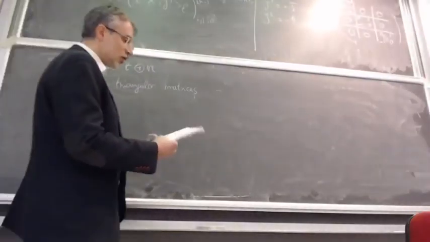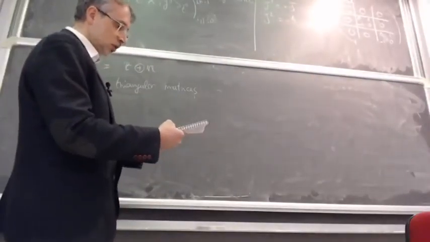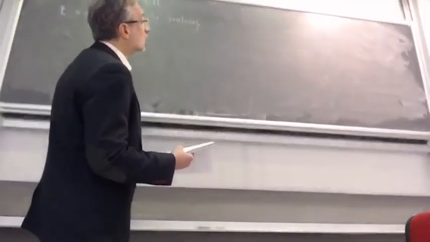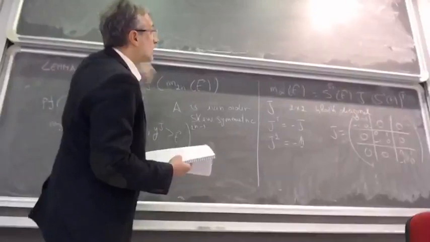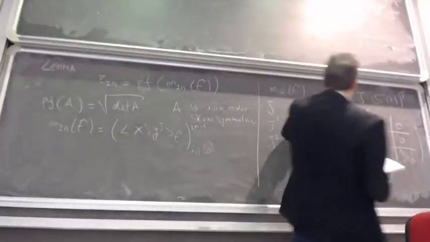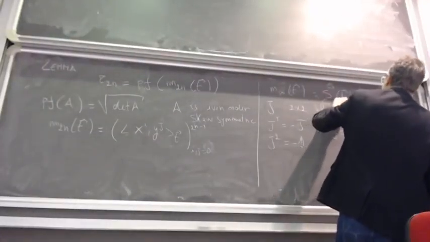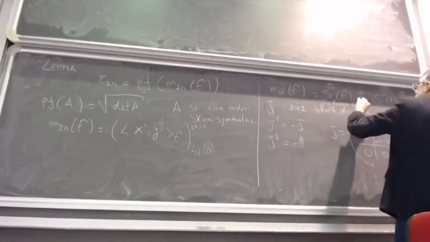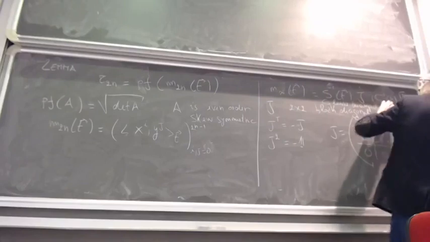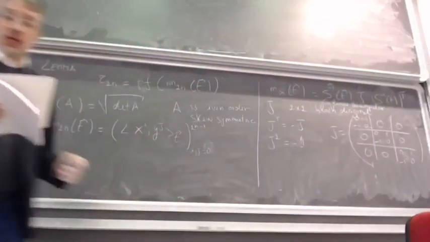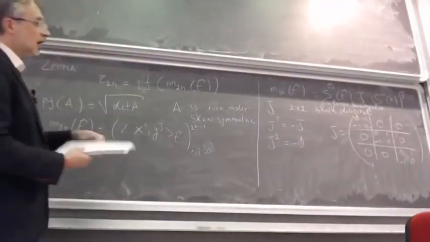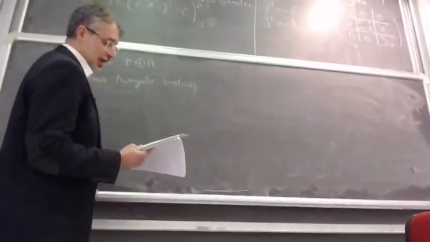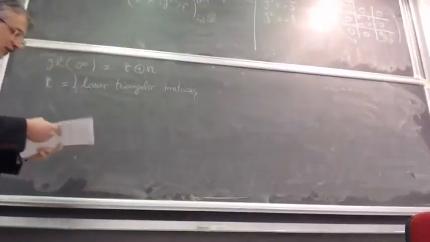I just realized that I forgot to say what, in the factorization of M infinity, S are lower triangular, as before. So the matrix S is lower triangular, and J is defined over there.